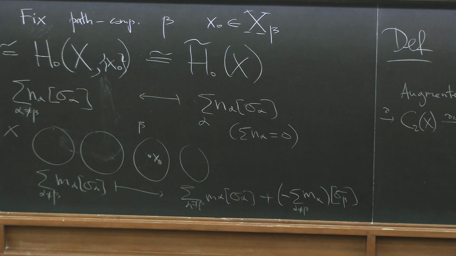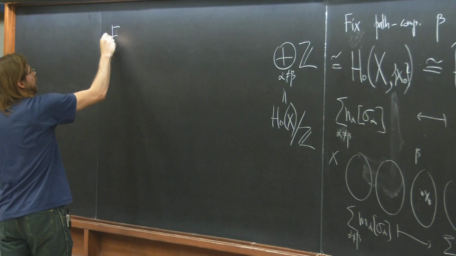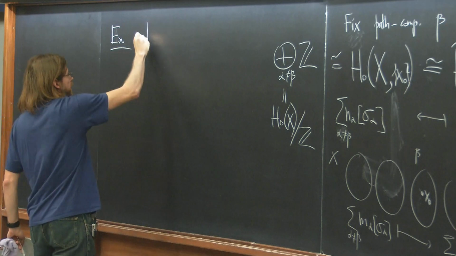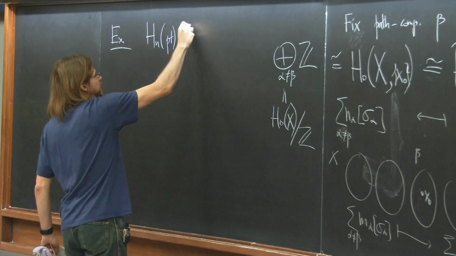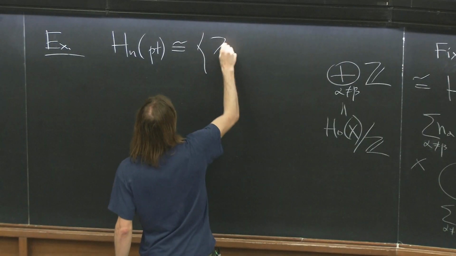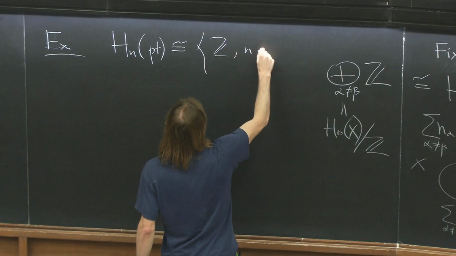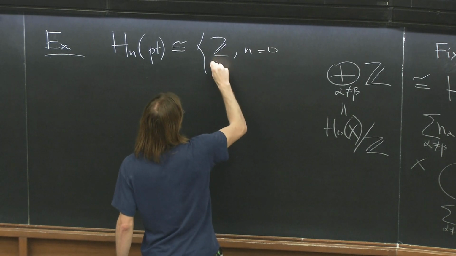And so in particular, for example, we consider the unreduced homology of a one-point space. It was just Z when n equals 0 and 0 otherwise.